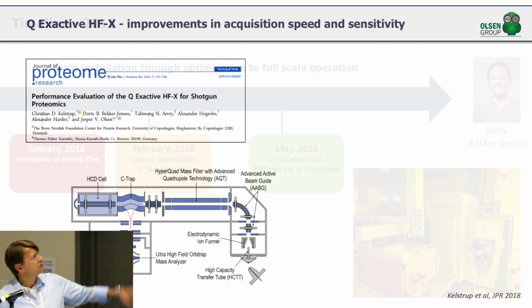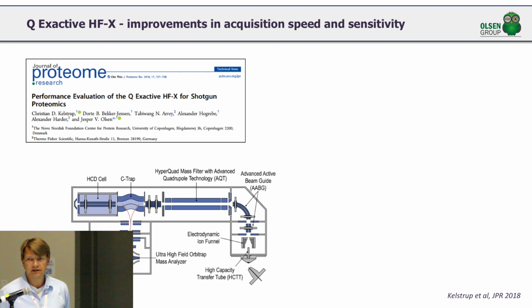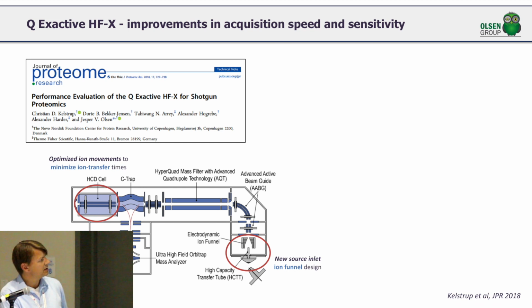As I mentioned, we use it in front of the Exactive HF-X system, which is the latest generation of the Exactive mass spectrometers, in which there have been a number of improvements compared to the previous generation. There's a brighter ion source now. The ion optics and transfers have been optimized such that we can now do much faster scanning on this instrument.